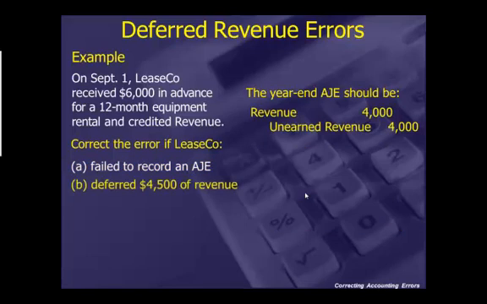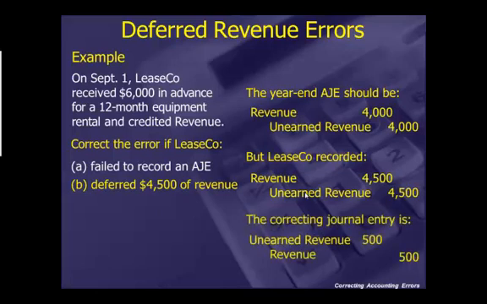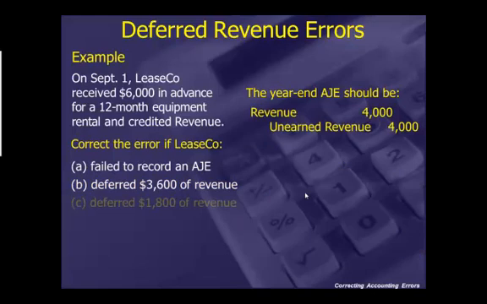If $4,500 of revenue was deferred, that's where revenue of $4,500 would be debited, credit unearned revenue of $4,500. Well, the correcting entry now would be to remove the $500 out of revenue because too much was recorded. So we would credit revenue $500, debit unearned revenue $500.